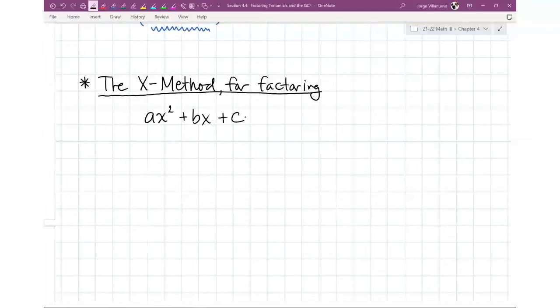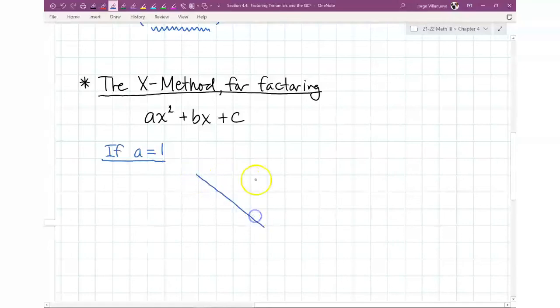Okay? So what you do is this. Let me write this out here. If a equals 1, so there's no 2x squared or anything like that. It's just an x squared. So if a equals 1, what you're going to do is create an x like this. On the top part of that x, you're going to do a times c. On the bottom part, you're going to write your b term.